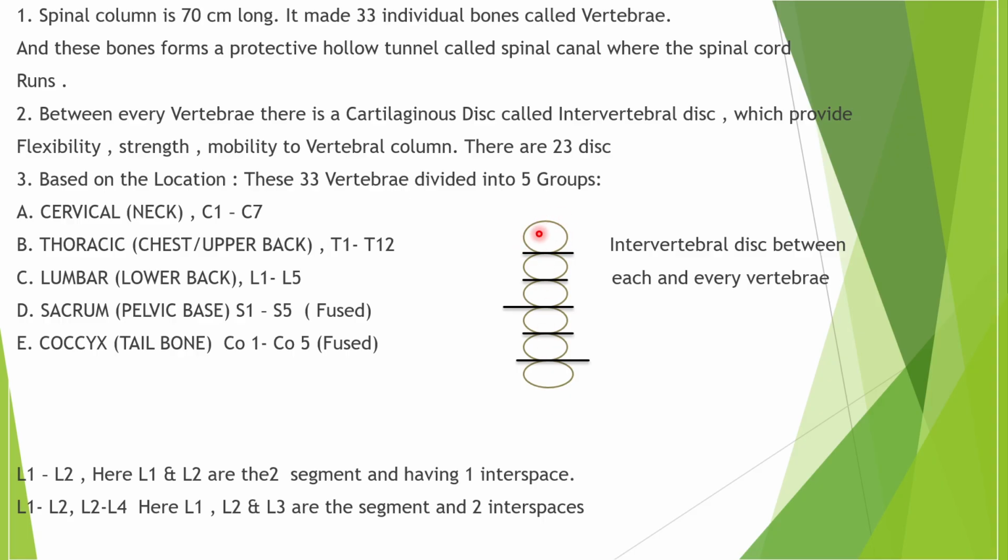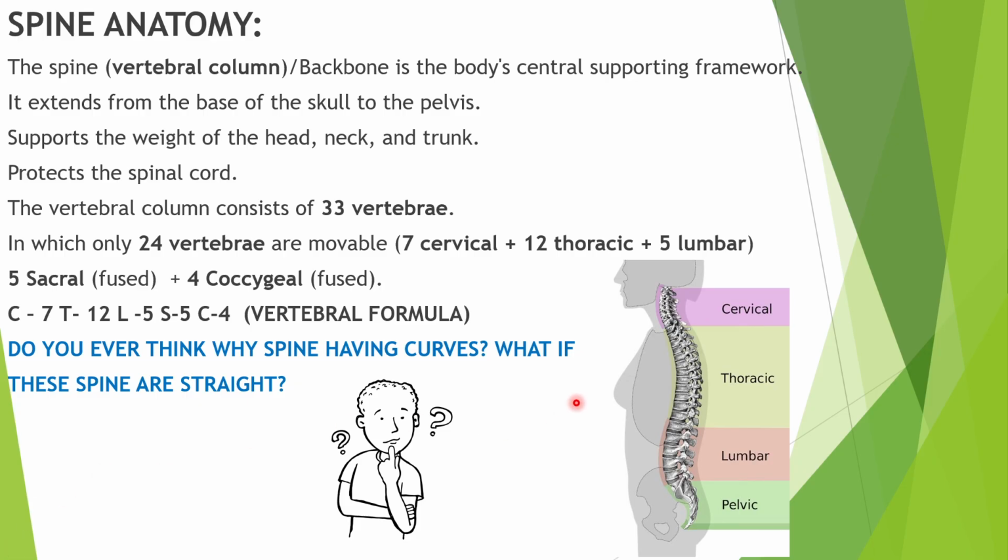For example, this one is the vertebrae, the spinal column, and it makes the protective hollow tunnel known as the spinal canal, where the spinal cord runs directly. Between these vertebrae there is a hollow tunnel from which the spinal cord runs.